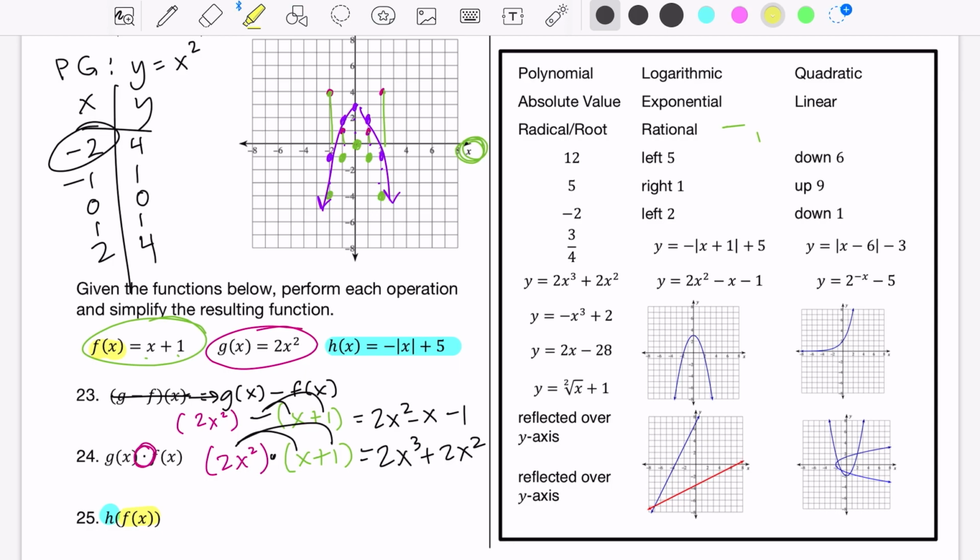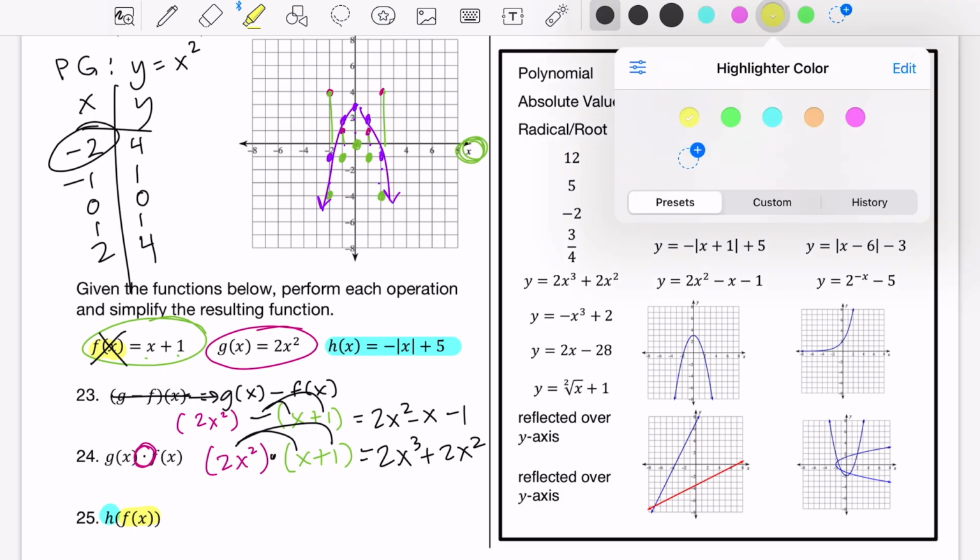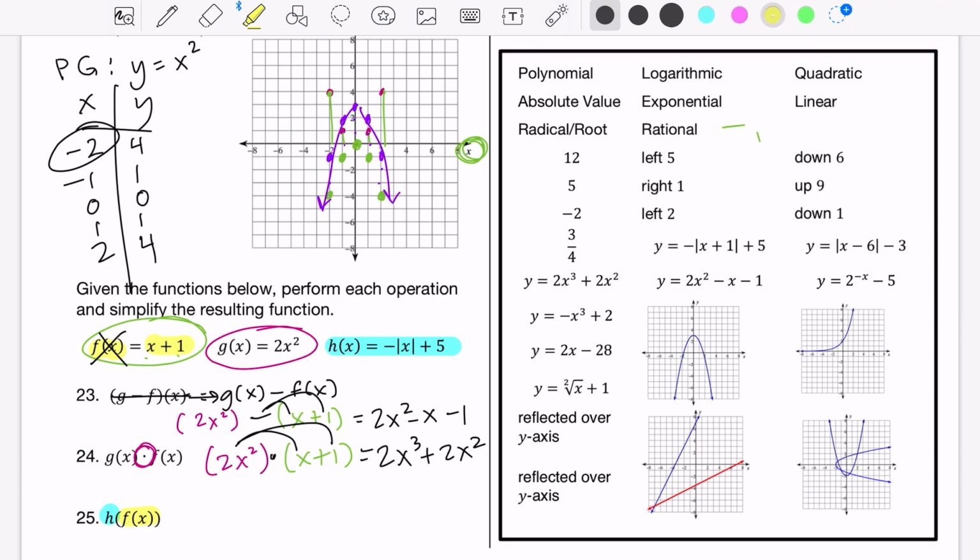But if that doesn't work out for you, you can always just look at the right side, because that's what an equal sign means, and plug in this part. So really what we're doing is h of x plus 1, which means that we're taking x plus 1 and putting it in there, because that's the new input for h of x.